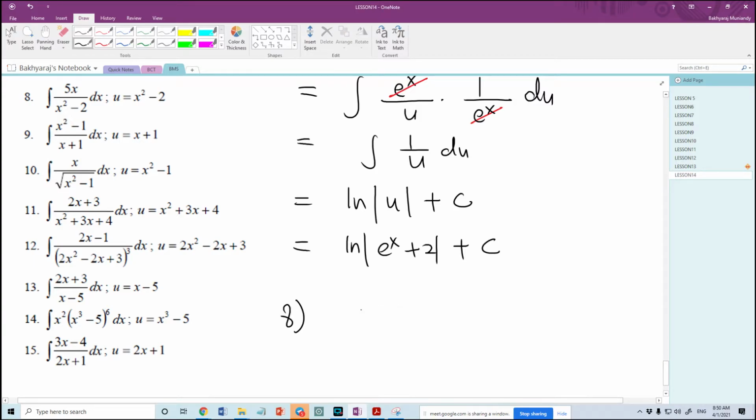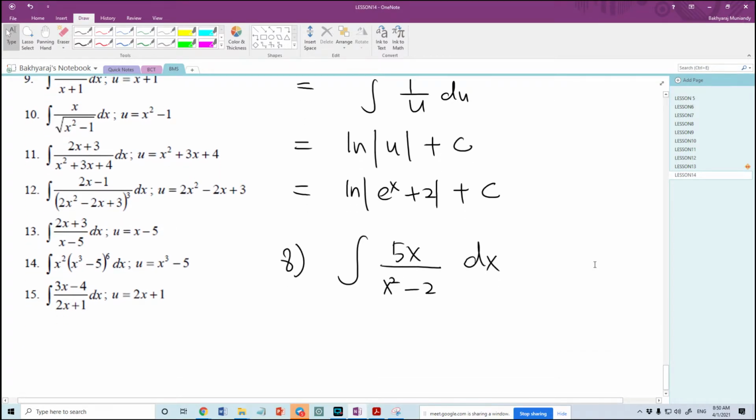Okay, question 8. Integrate 5x over x square minus 2 dx. Okay, and then u is given x square minus 2. Okay, so what's the answer?